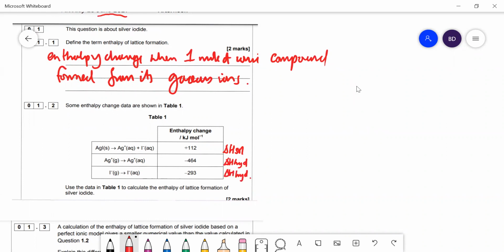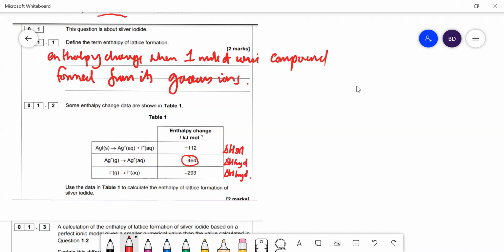So when you get the gaseous ion, you put it into water, and it's always pretty exothermic. You can see negative because you're forming an interaction between, in the case of the silver ion, the delta negative oxygen in the water molecule. In the case of the iodide ion, the delta positive hydrogens of the water molecule.